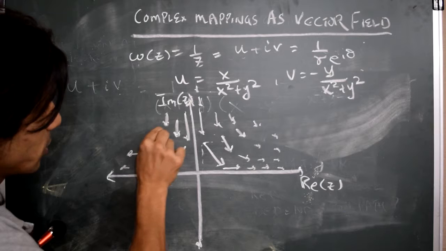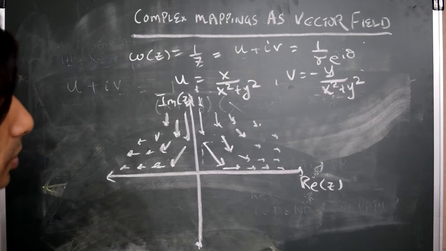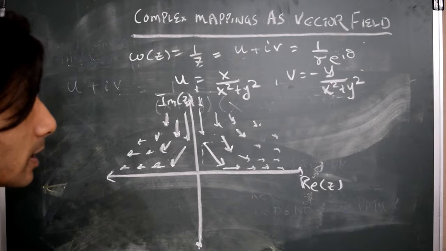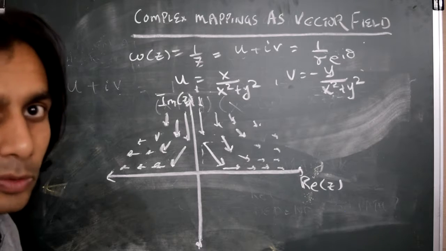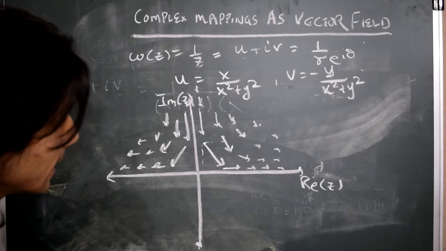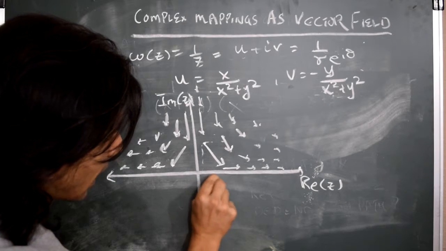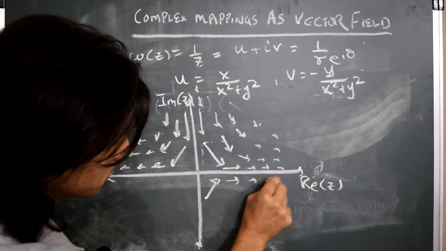And a very useful way to visualize these things is actually on the computer. If you just plot this vector field using some software, it'll give a very easy and quick way to visualize a lot of complex mappings. Likewise, in this quadrant, we can figure out that the arrows will point in this direction.